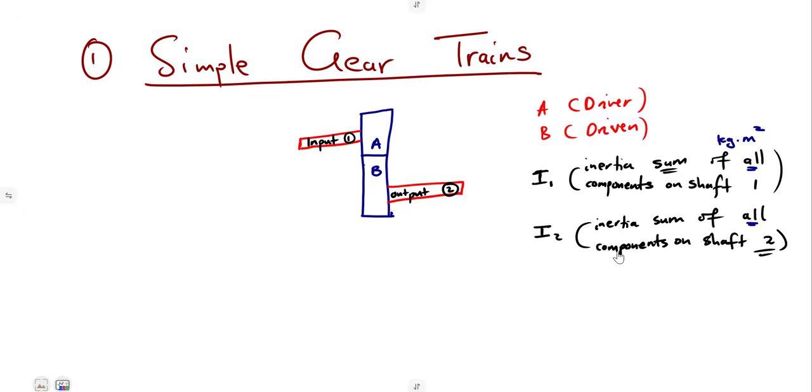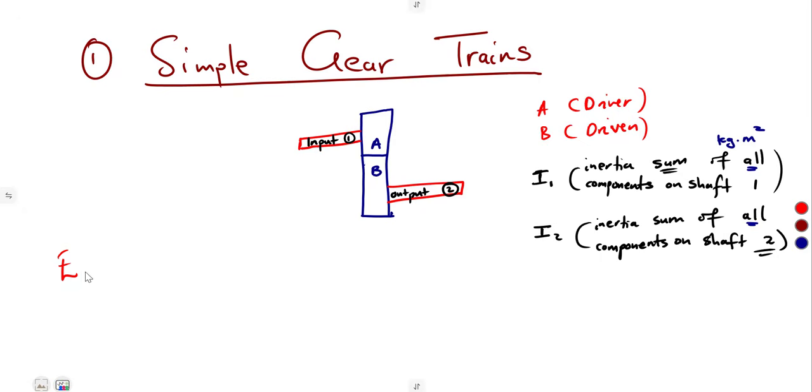So there we can calculate the equivalent moment of inertia. The equivalent moment of inertia can be referred to the input, or it can be referred to the output.